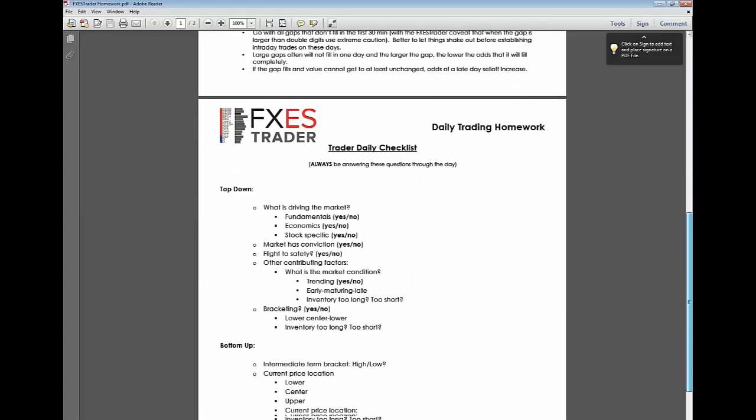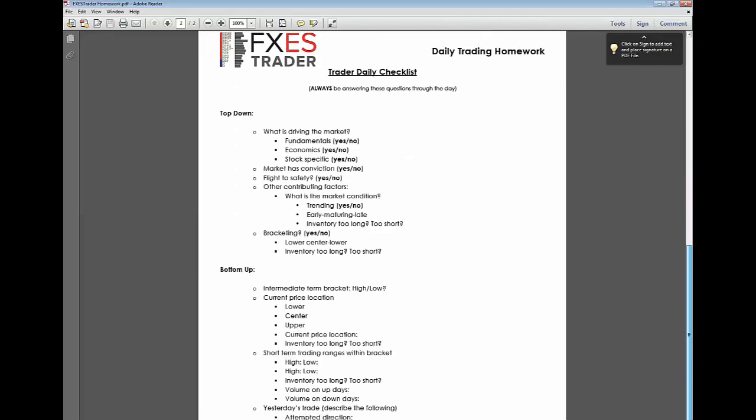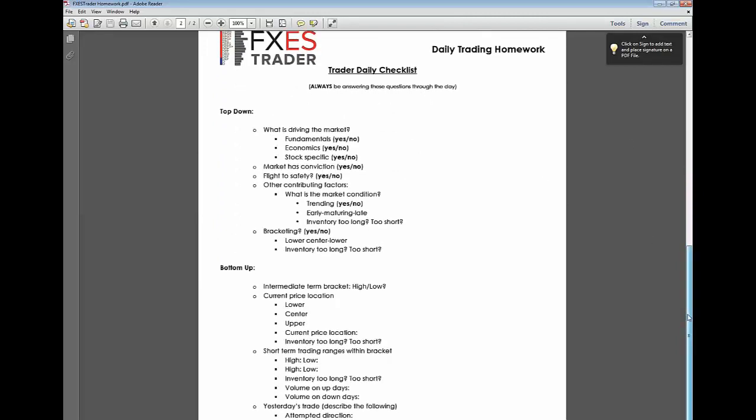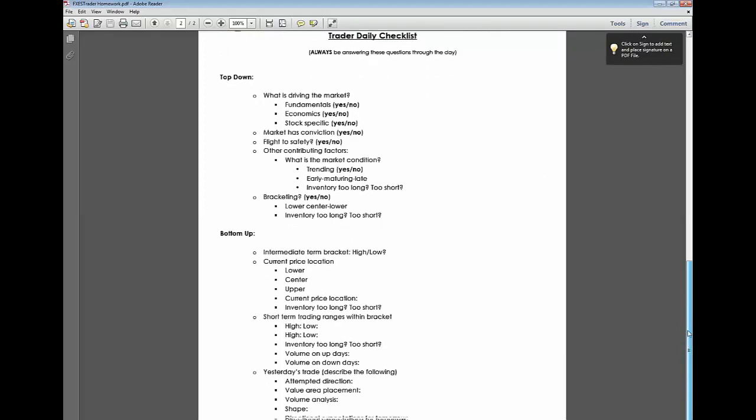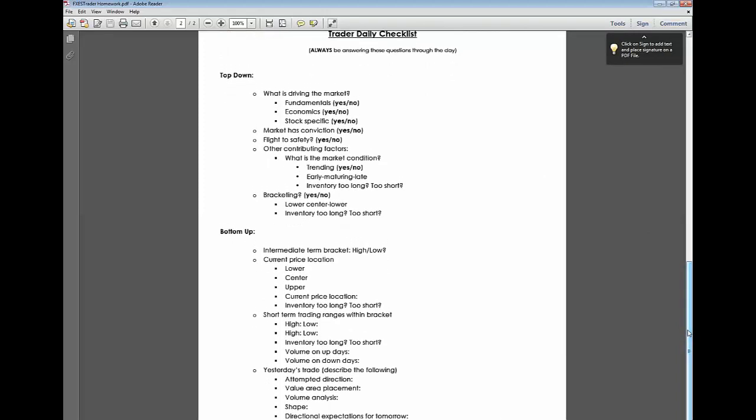The daily trader checklist is also key. These are the questions that you're going to be continually asking yourselves as you move throughout the day. What is the market doing? The key thing is you have to ask the conviction questions. Are we trending? Are we balancing?